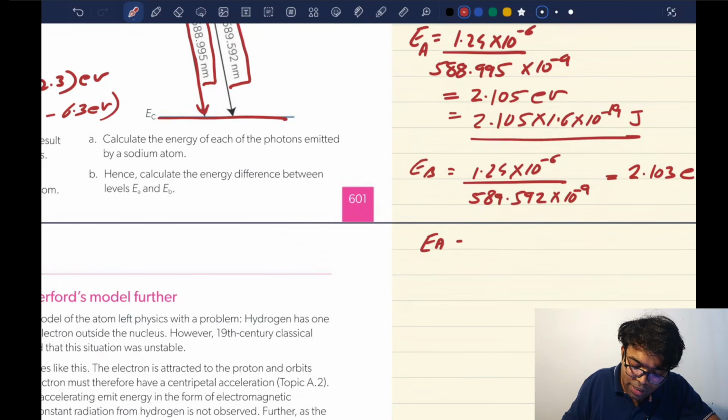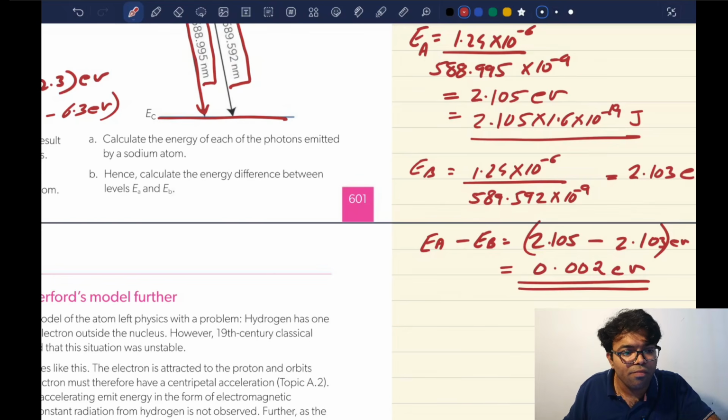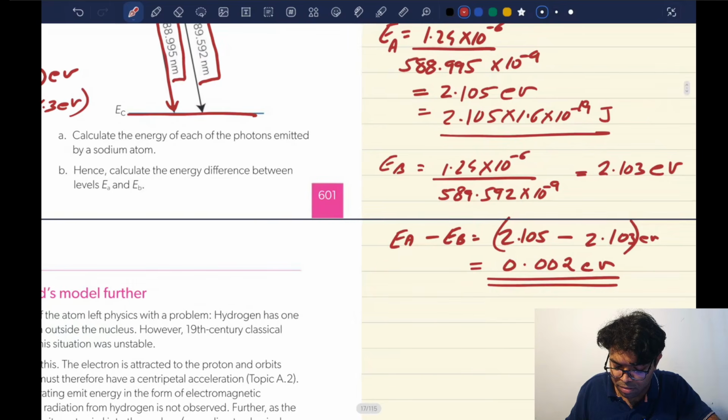So, EA minus EB is 2.105 minus 2.103 electron volts, which is 0.002 electron volts, equal to 2 into 10 to the power minus 3 electron volts.